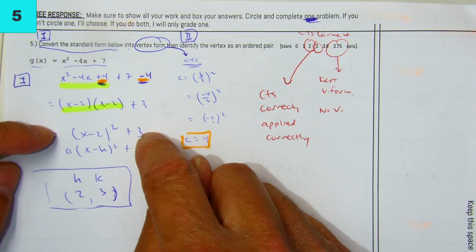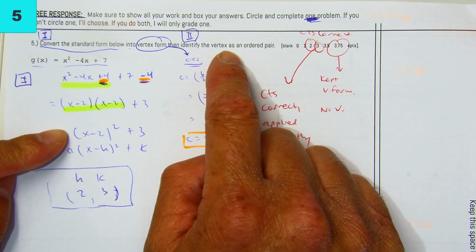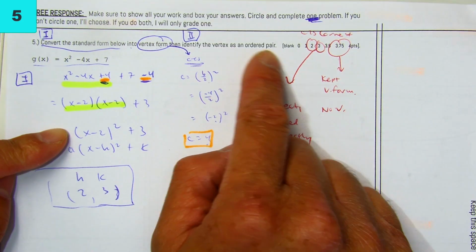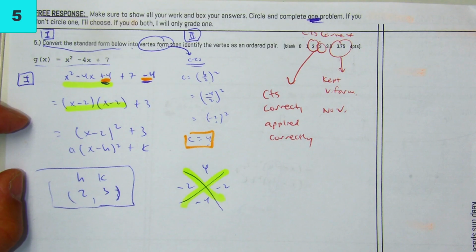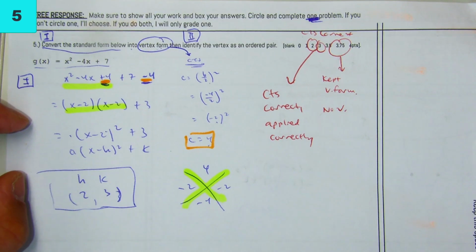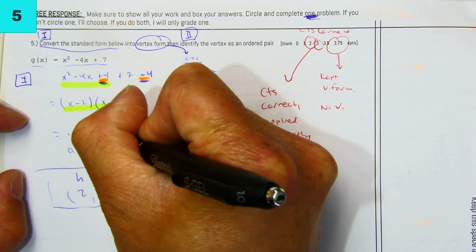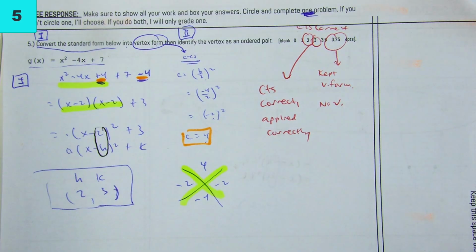And then the second part says to identify the vertex as an ordered pair. Okay, so I'm going to put vertex form. A is 1, H is 2. Notice I did not get the subtraction sign here.